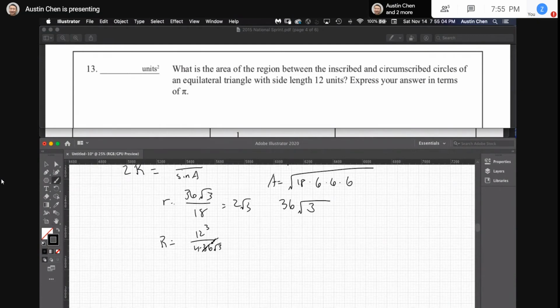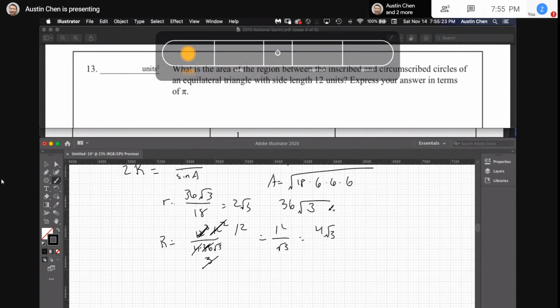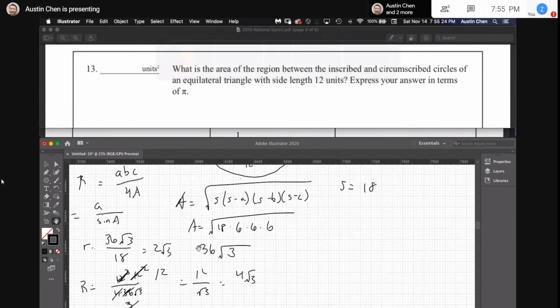We can take out a 12 from 36, and we also have 4 and 3 here, which is another 12, so we can take out another 12. So then this is 12 over root 3. We can rationalize this, so that will just be 4 root 3. So then we have the inradius 2 root 3 and the circumradius 4 root 3.